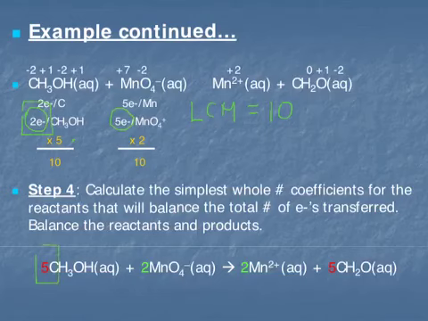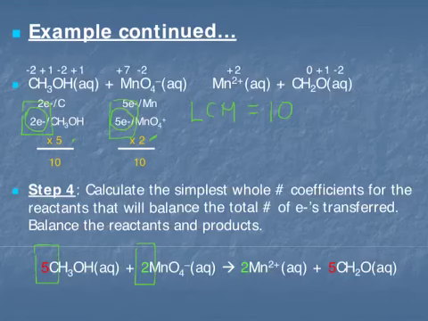So the coefficient for methanol is 5. On the other hand, because we know each molecule of permanganate, MnO4, gains 5 electrons, to gain a total of 10 electrons, we're going to need 2 molecules. So the coefficient that goes in front of MnO4 is 2.